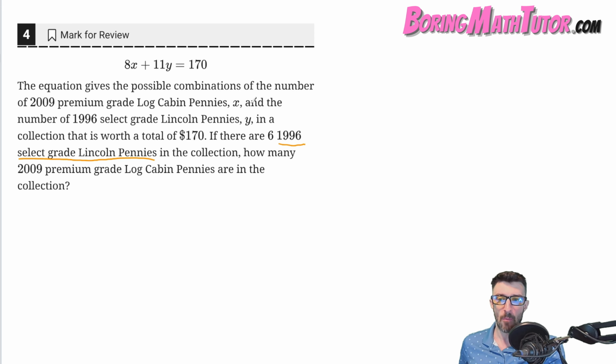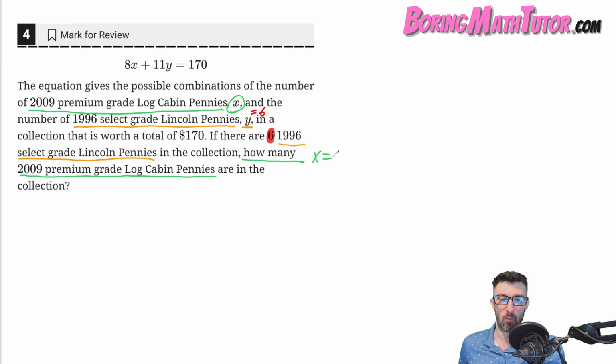Okay, so 1996 select grade Lincoln pennies is our Y. So when they say there are 6 of those, they're telling us that Y equals 6. Then what are they asking for? They said how many 2009 premium log cabin pennies. Okay, well 2009 blah blah blah blah blah is X.